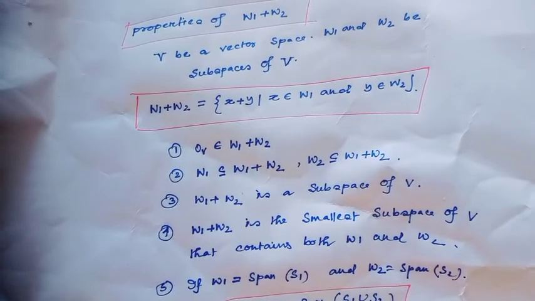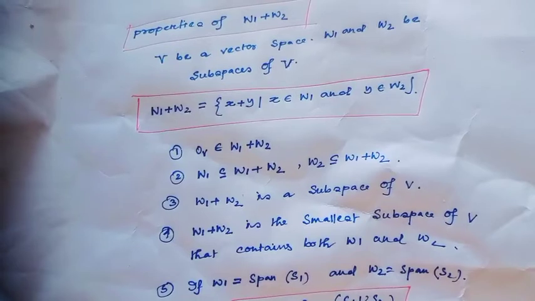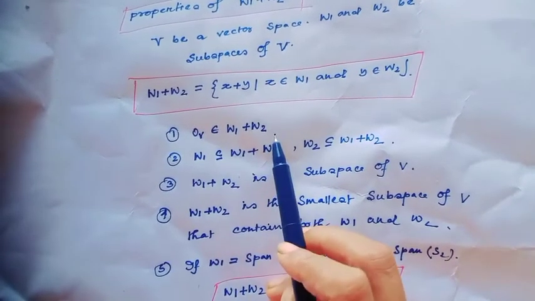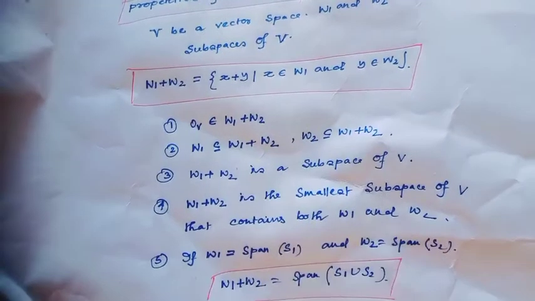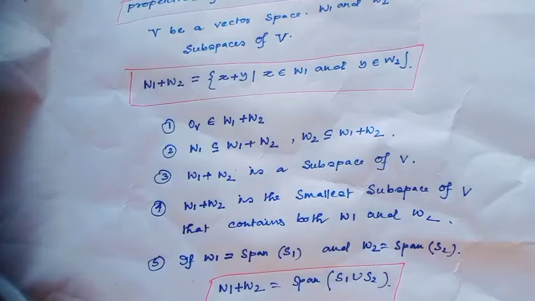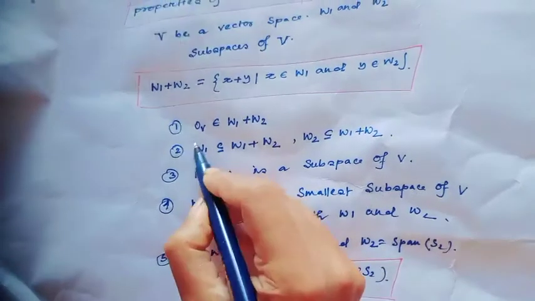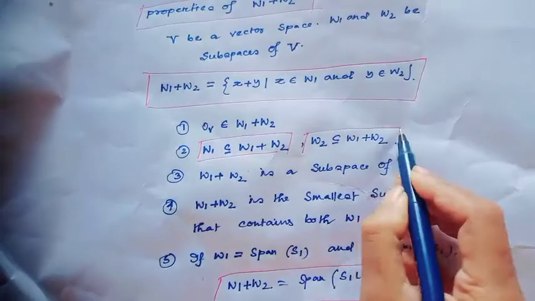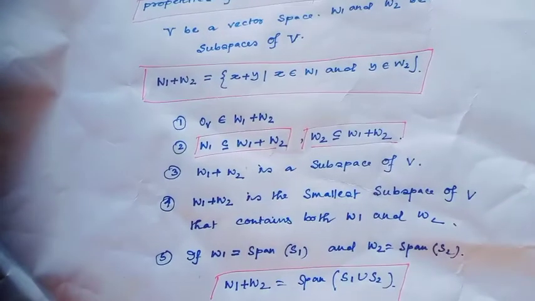This is obviously a subspace because the 0 element always belongs to W1 plus W2. Second, W1 always contains W1 plus W2 and W2 contains W1 plus W2.